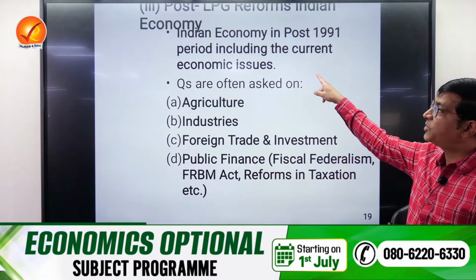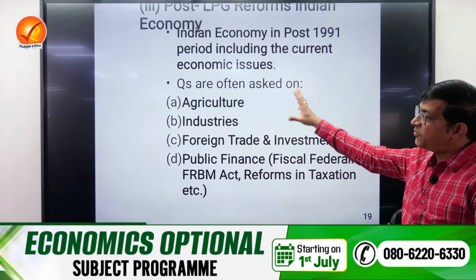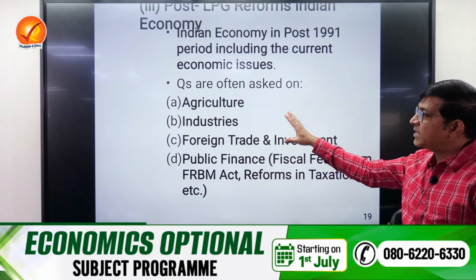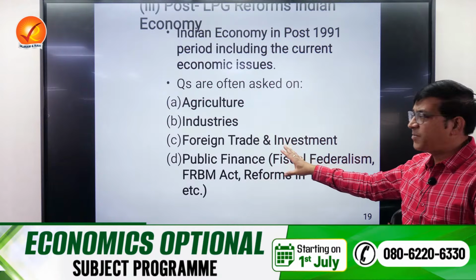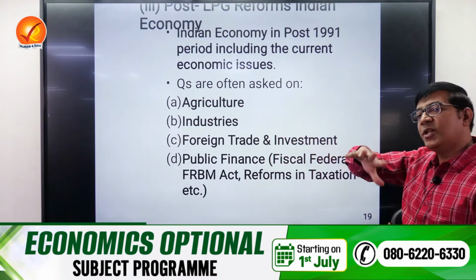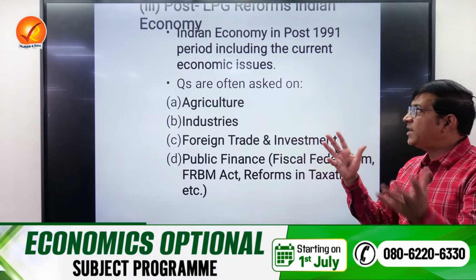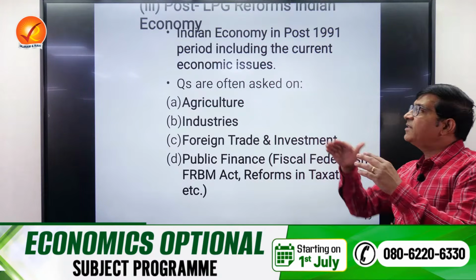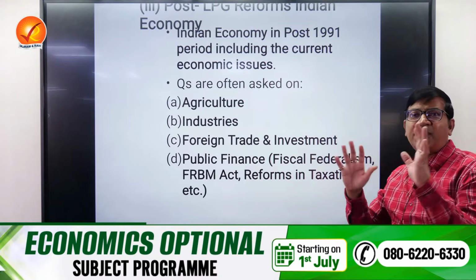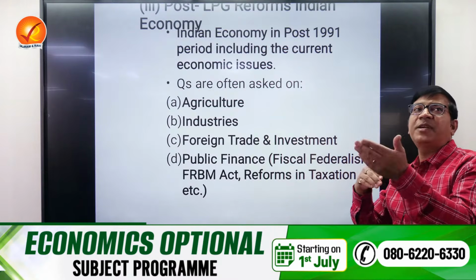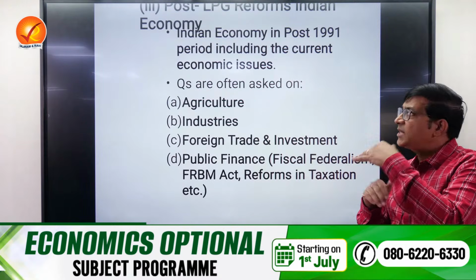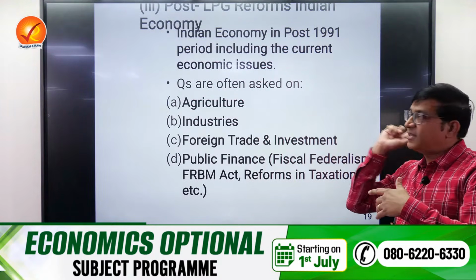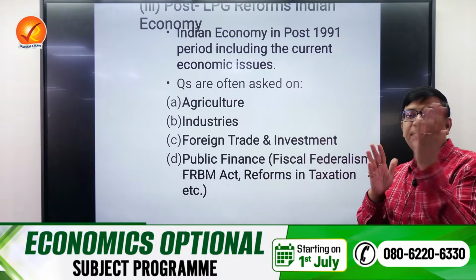Topics will be similar, like agriculture, industries, trade, investment, public finance, but we will do all this in the post 91 period. 91 was the year of the balance of payment crisis, as all of you must be aware. Hence, in most of these sectors, not all, many reforms were taken up by the government, and that is why post 91 sectors are very different from pre 91.